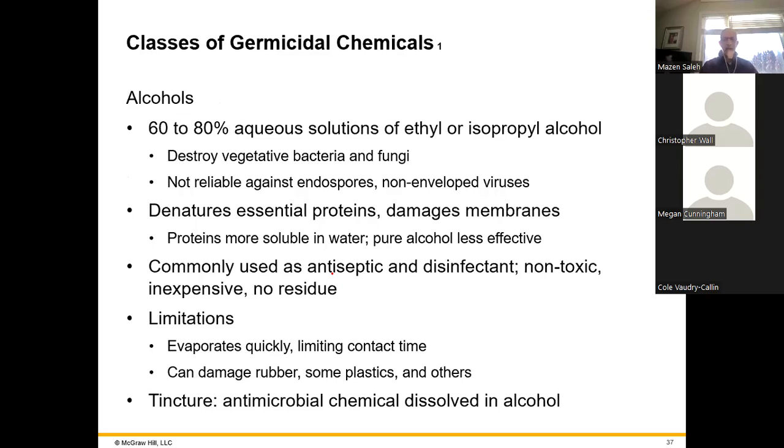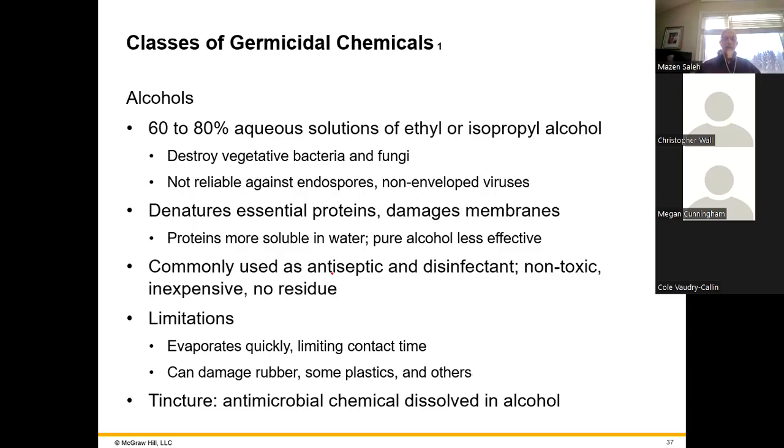The different classes of chemicals used as germicidal agents: the alcohols. We're all familiar with alcohol, aside from drinking. We use it as a germicidal agent.